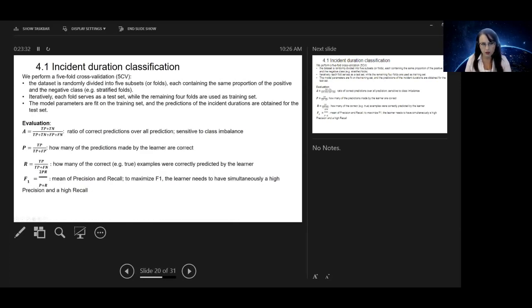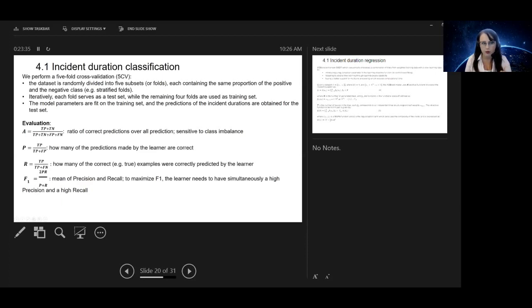Without getting into details, we basically did a 5-fold cross-validation for the classification part. We divided the data set into 5 subsets, and we used each fold as a test set, and the remaining 4 as a training set, right?